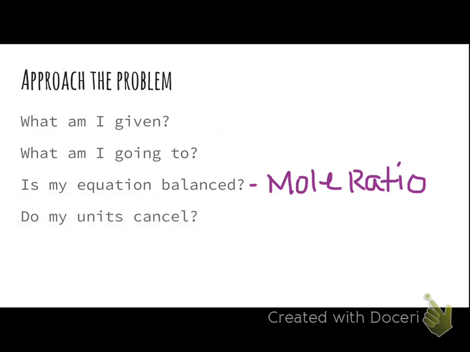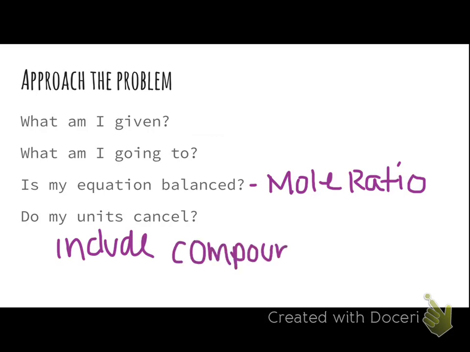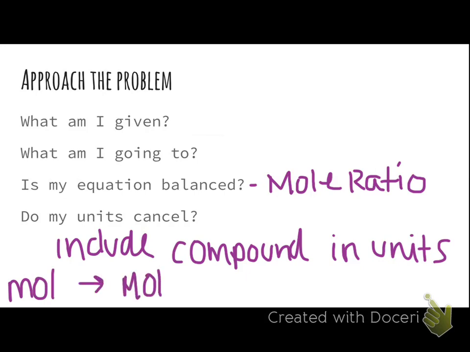And then, do my units cancel? So make sure that you include your compound in your units. So don't just leave it as moles. I want it to be moles of Cl2.